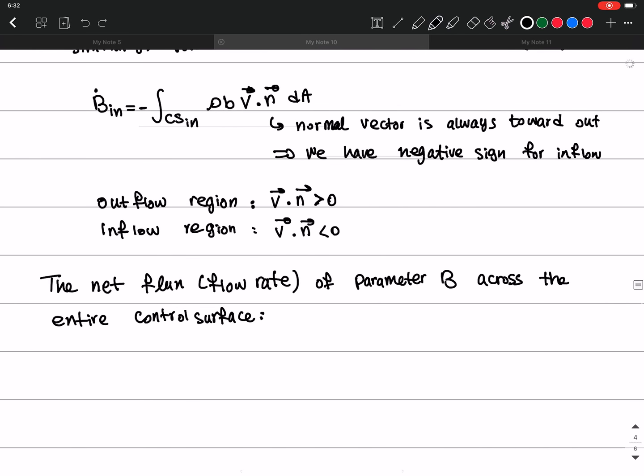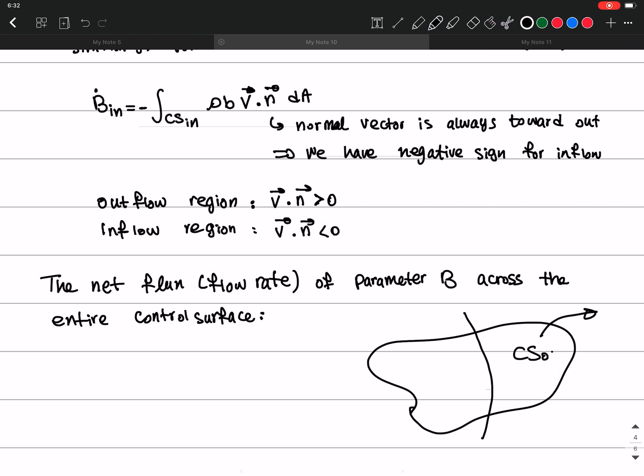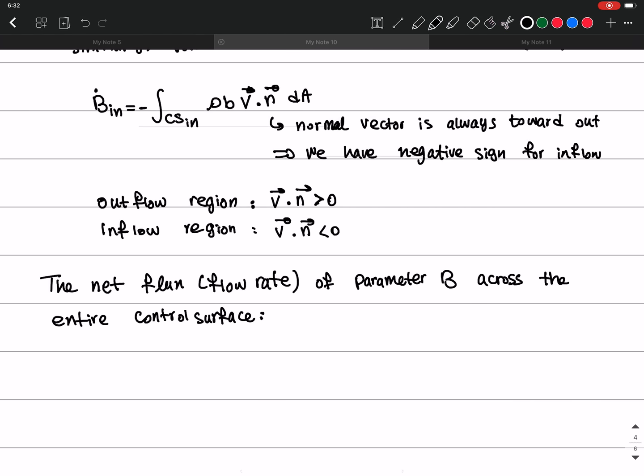So say you have a control volume like this, okay? Some part of it, the flow can go out, and this we call control surface out, and in some part, the flow can come in, and this we call control surface in, okay? For the entire system, if we want to see the net flux, is it going out or coming in in total for the whole control volume, what do we need to do?